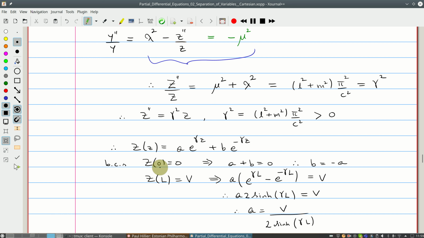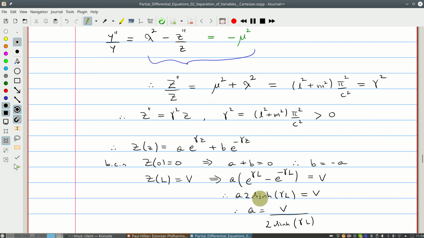Now we apply our boundary conditions. At little z equal to 0, we have capital Z is 0. So we have A plus B is 0, which means B is minus A. And at little z equal to L, capital Z is equal to V. It's not 0, it's V. This gives us this condition here. So we have A times e to the gamma L minus e to the minus gamma L is V, and this is just the hyperbolic sine.